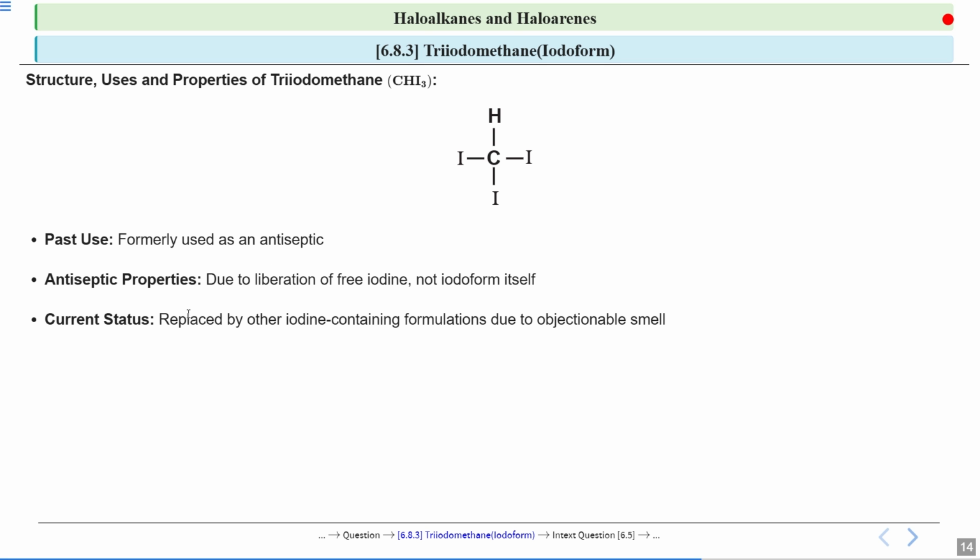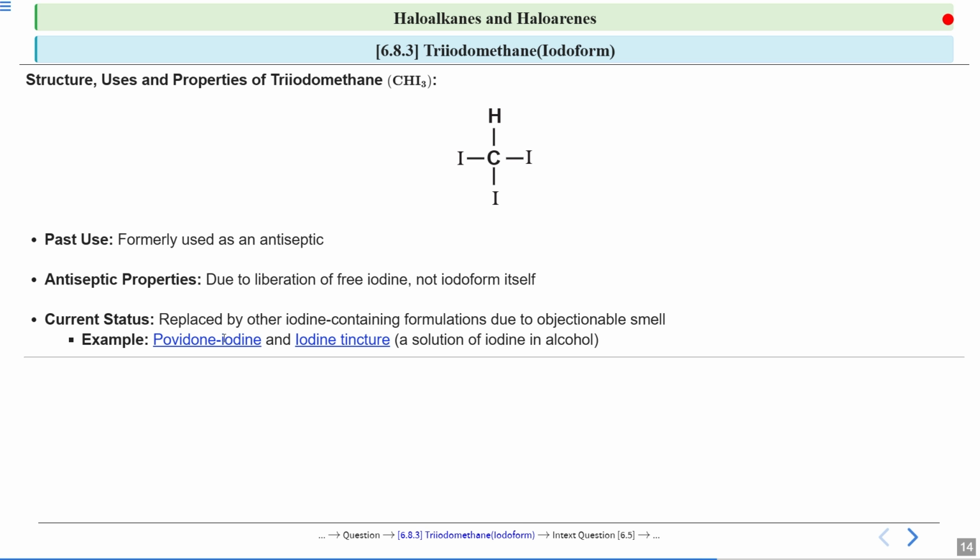But now its use as an antiseptic is replaced by other iodine containing formulations, because triiodomethane has an objectionable, disturbing smell. Examples are povidone iodine and iodine tincture, a solution of iodine in alcohol, which we use as an antiseptic today in place of triiodomethane due to its uncomfortable smell.